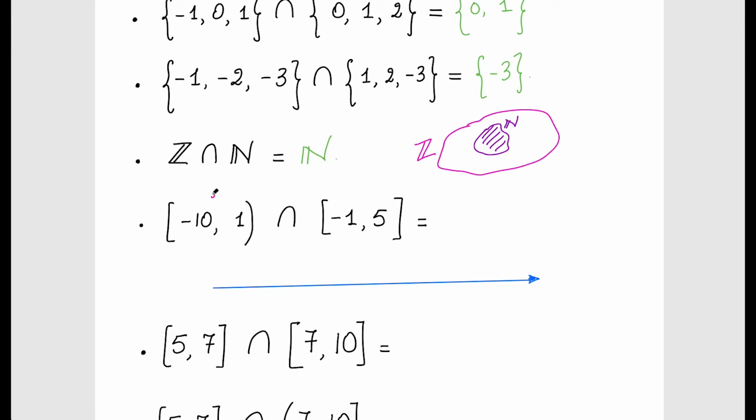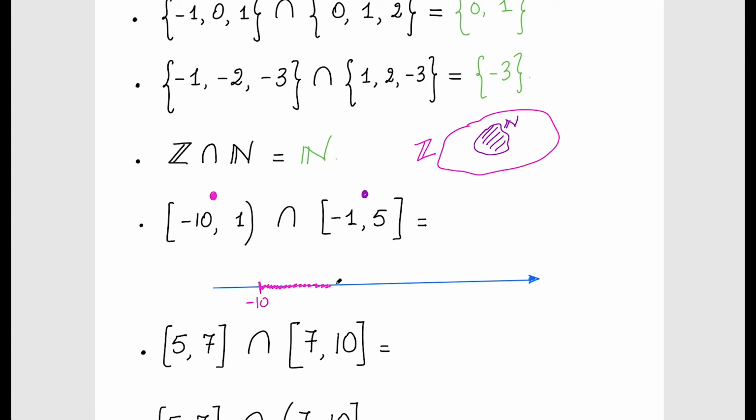Let's call those guys pink guys, and let's call the other guys purple guys. Where are the pink guys? Well, the pink guys are between -10, including -10. So -10 is the very first guy that's pink, all the way to 1.